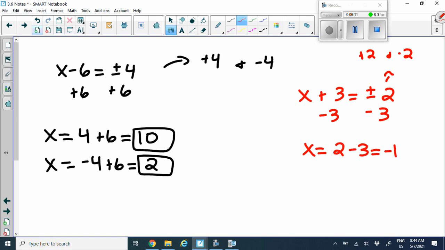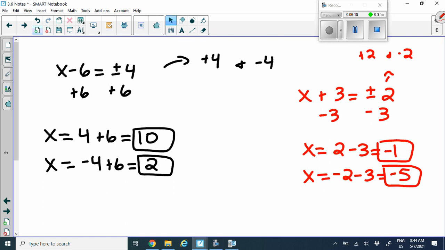That does give me negative 1. But my other answer is going to be negative 2 minus 3. That gives me negative 5. Okay? So be careful when you are adding or subtracting integers that you actually have to go all the way out and add and subtract them to get your two different solutions.